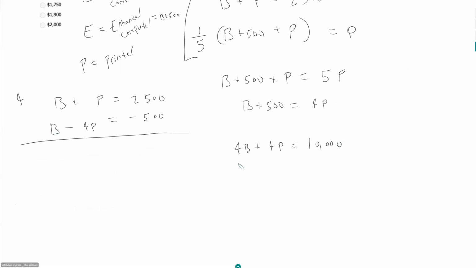And this equation is the same, B minus 4P is equal to negative 500. If I add these, I get 5B is equal to 9,500. So B should be equal to 9,500 divided by 5.